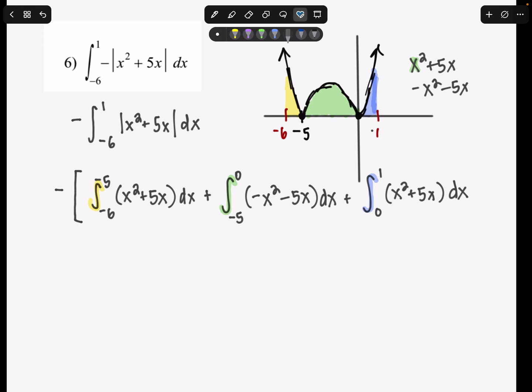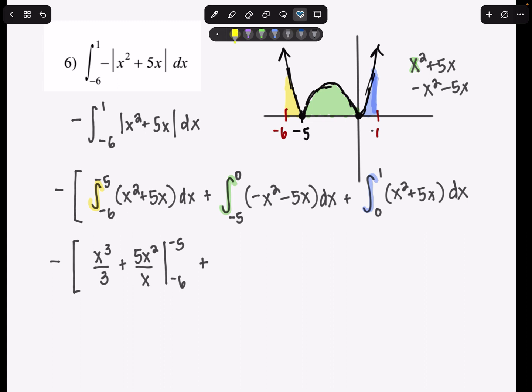And now we're going to find the area under each curve through integration. So I've got my negative on the outside. And then I'm going to have x cubed over 3 plus 5x squared over 2 from -6 to -5.